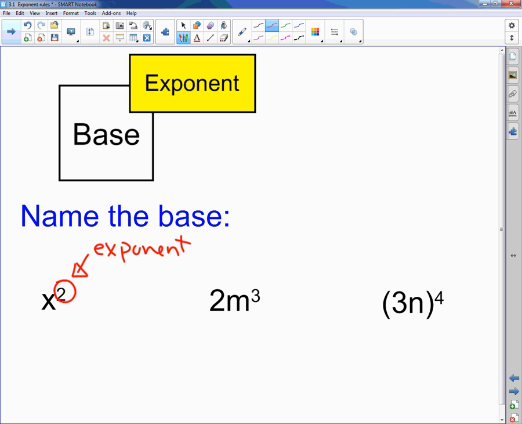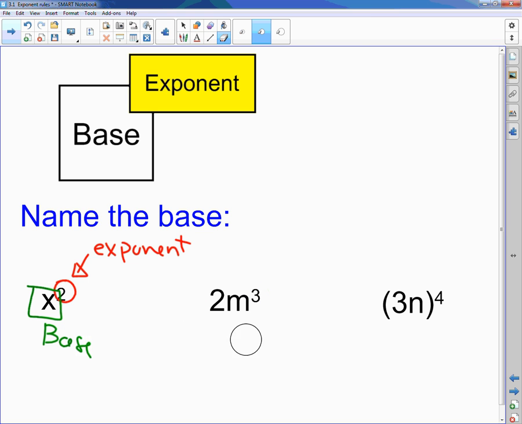For example, this is a monomial of degree 2, where the base is x. So our base is x, the exponent is 2. If we look at the middle problem, notice what's being raised to the third: the m, the 2, or both?